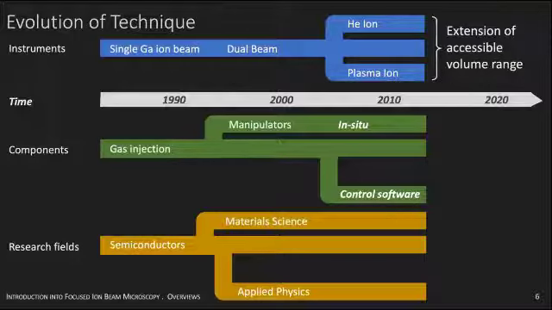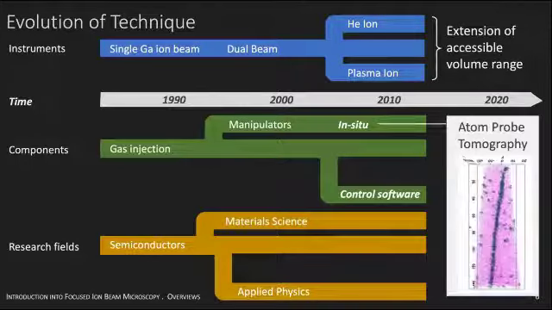Another important development was the move of manipulators that were first developed ex situ into the microscope. And these in situ manipulators were a very important boost for the atom probe tomography technique.